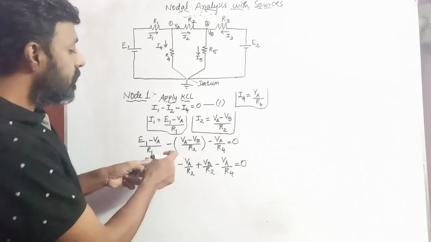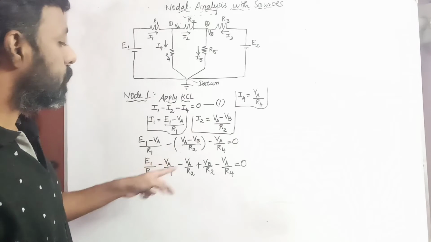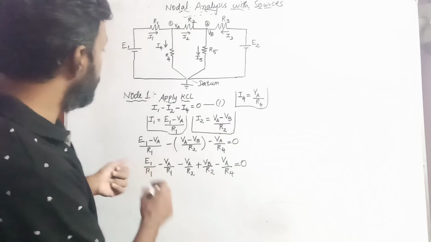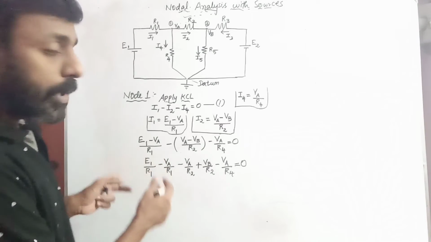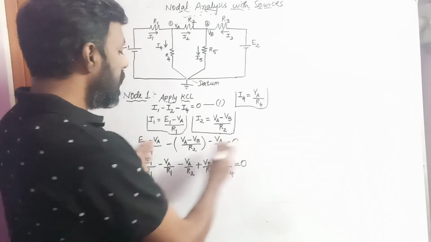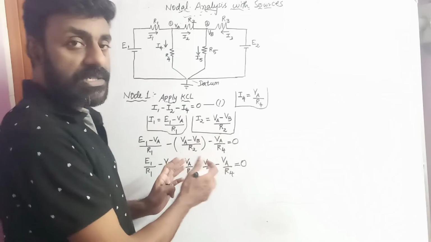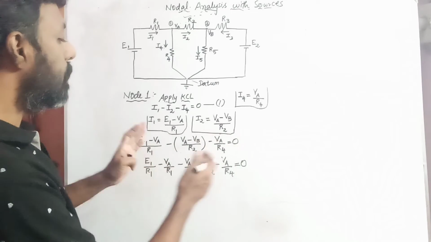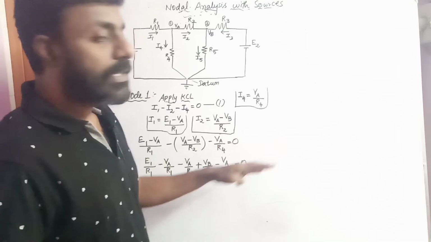So here you have the node voltage at A, the node voltage at B, and the battery EMF. What you need to do is club all the identical parameters and solve the equation.